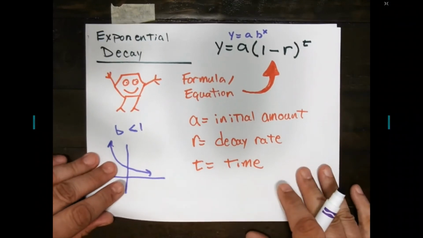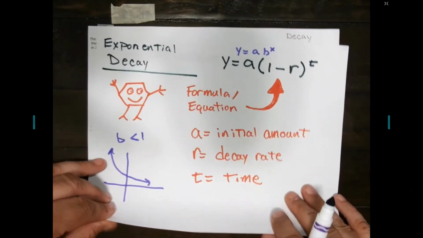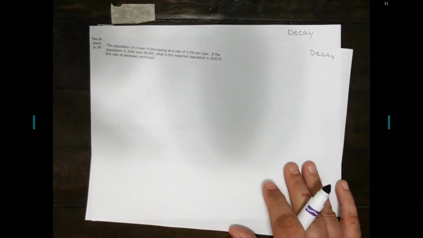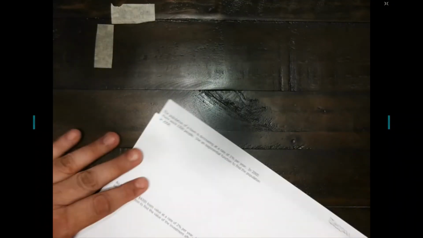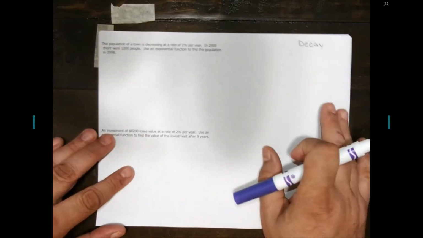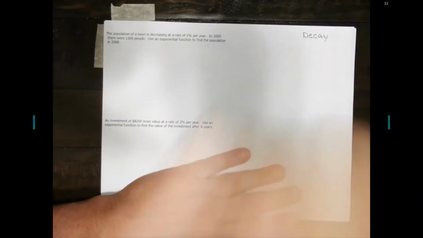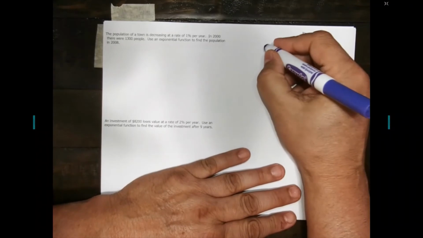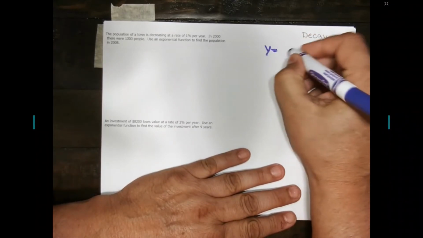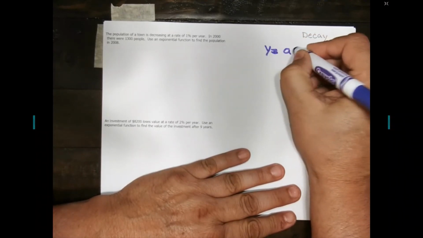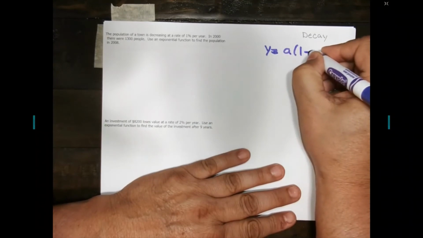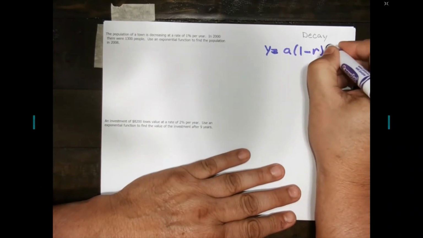Let's look at an example or two. Okay, I'm going to write my formula down, and you should too. Every time you work this, write your formula down. Y equals A times, in this case, 1 minus R to the T power because it's decay.